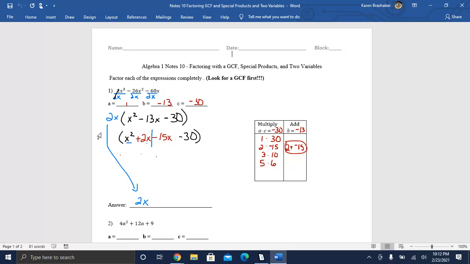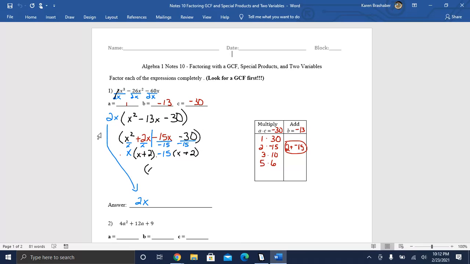We can divide both of these first terms by x, leaving us with parentheses x plus 2. So again, we divided both of these by an x. And then our last two, we can divide both by negative 15. So that would come down, and that would leave us with the parentheses of x plus 2.